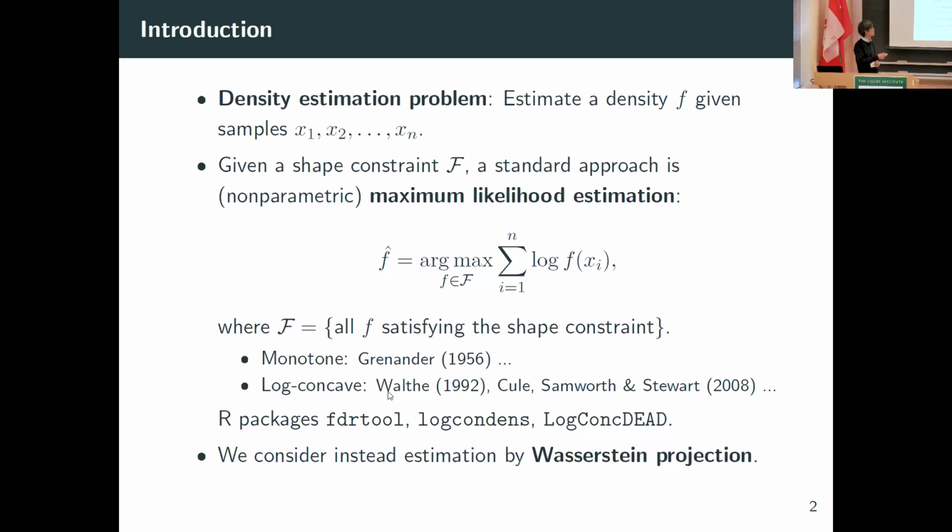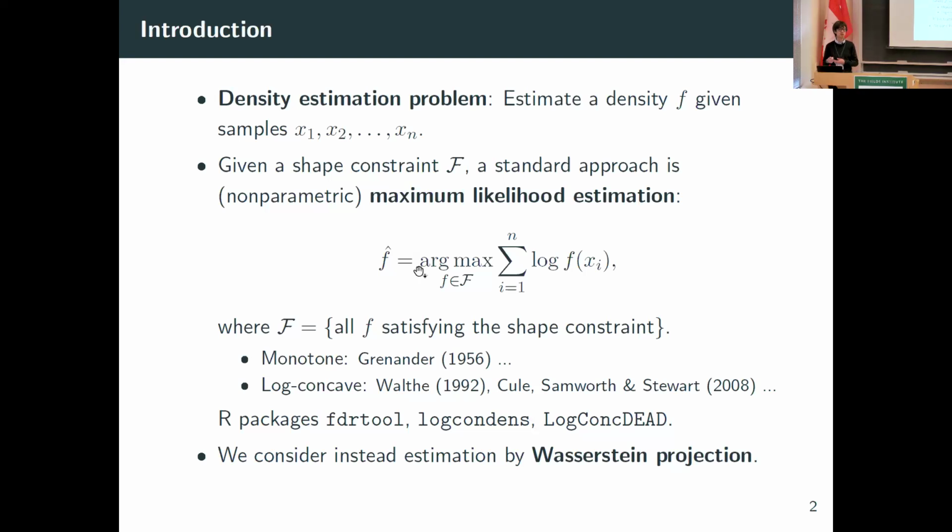And the more modern development starts with this paper, when they consider also the multivariate case. These MLEs are easily implemented in software packages, like in R, where there are packages that you can use to visualize these distributions. Here they are using the MLE.